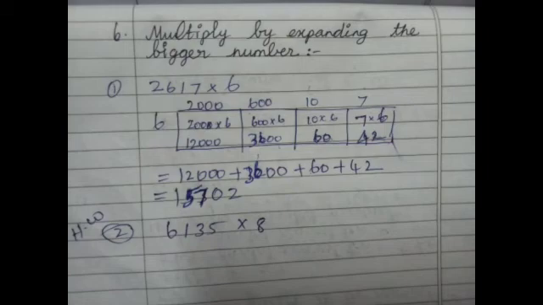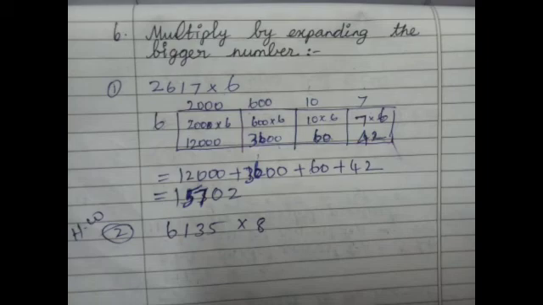So in the thousands place we have 2000 multiplied by 6, and we have 600 into 6, and tens place 10 into 6, ones place 7 into 6.